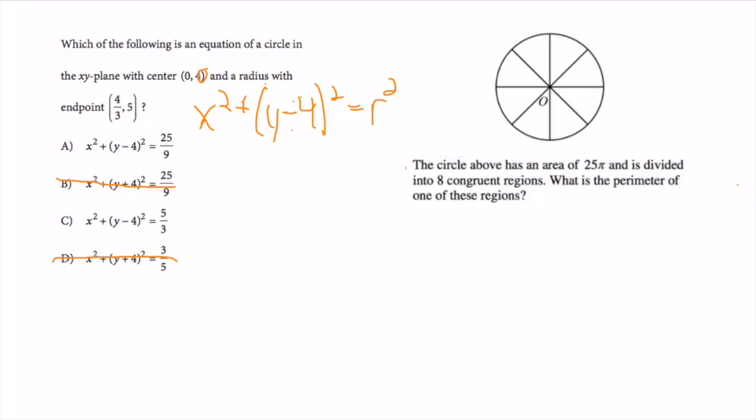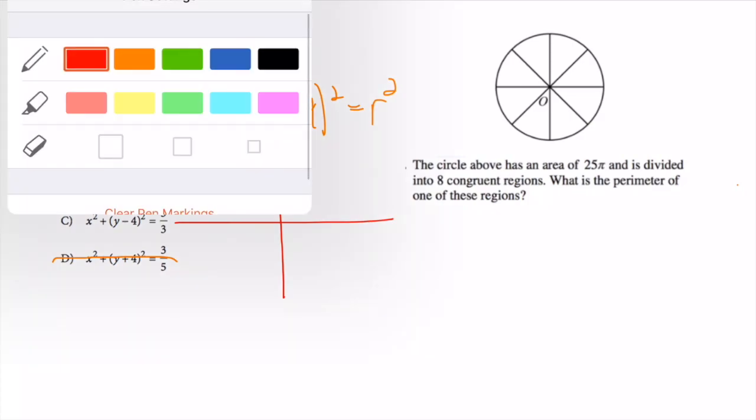So this can be, again, a little bit tricky. But 0, 4. And I know my radius is somewhere here. Actually, let me redraw this here.